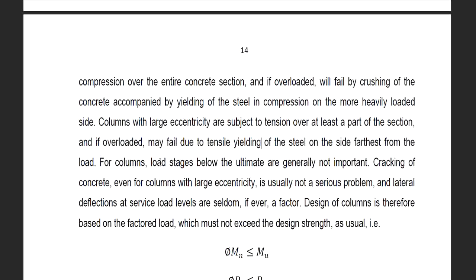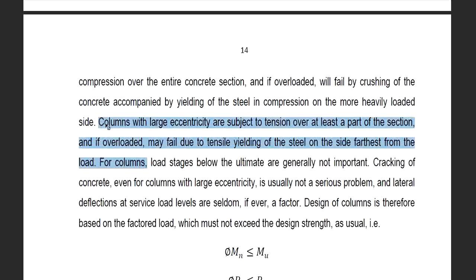For columns, load stages below the ultimate are okay. So whenever there is more eccentricity, the column is going to fail by tension. Whenever there is less eccentricity, the column is going to fail by compression. Okay, that's what they have told.